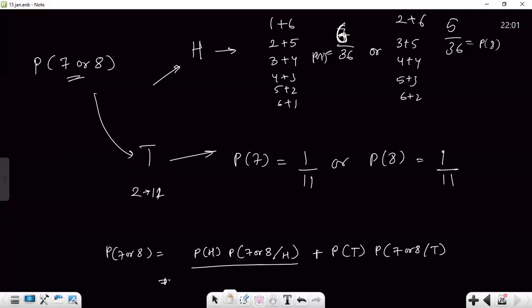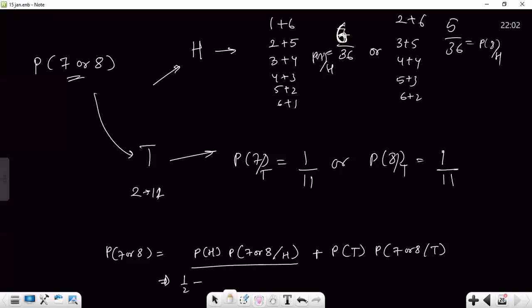So these were the probability of getting a 7 when head has come, and here when tail has come.